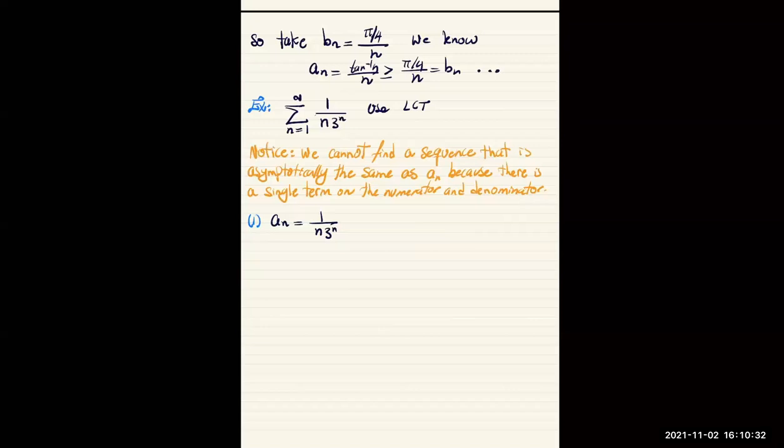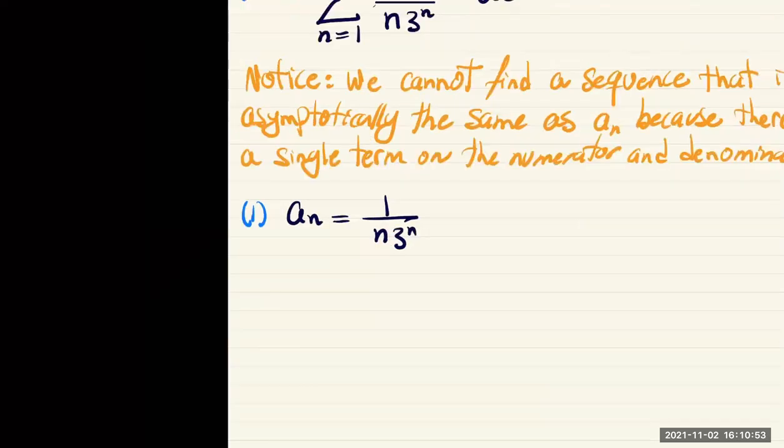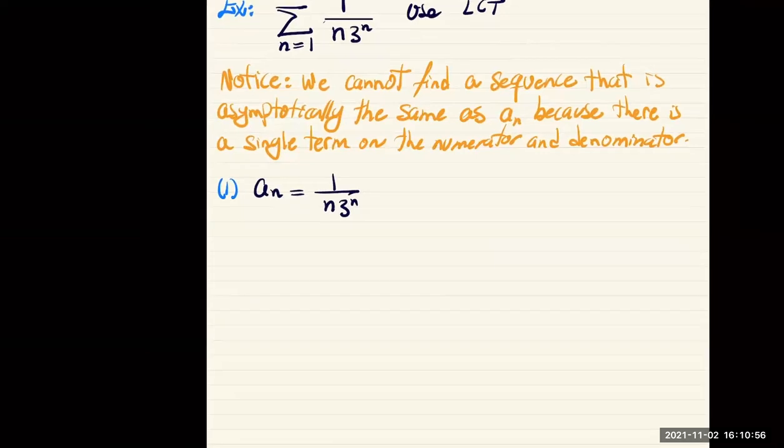Does that make sense? If we had, let's say, instead of n times 3 to the n, if I had n plus 3 to the n, then I could take the dominant term in the bottom, which would be 3 to the n, and I could ignore n. But that's not happening here. Okay? That can happen sometimes, guys.